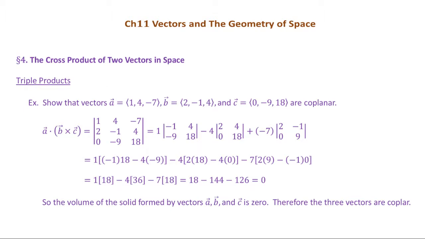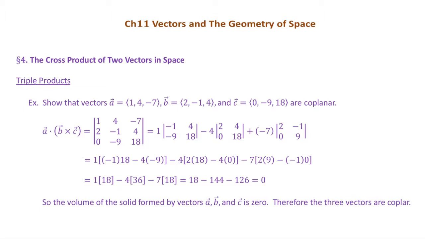So use the formula for the scalar triple product. Use the components of A on the top, followed by the components of B and the components of C. So we get 1, 4, negative 7 in the first row, 2, negative 1, 4 in the second row, and 0, negative 9, 18 in the third row.